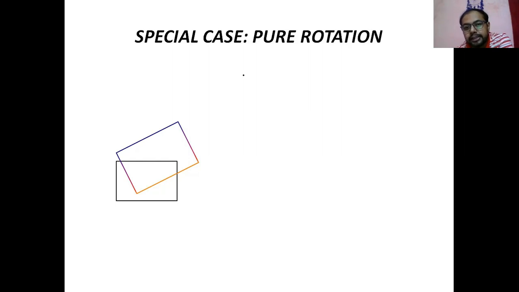What is the rotation condition? In two-dimensional cases, omega z is equal to half into del v del x minus del u del y.